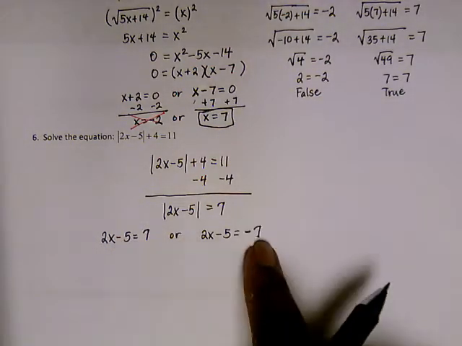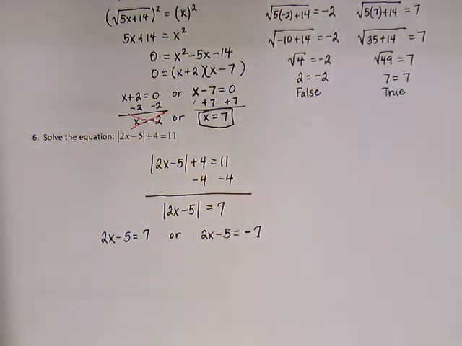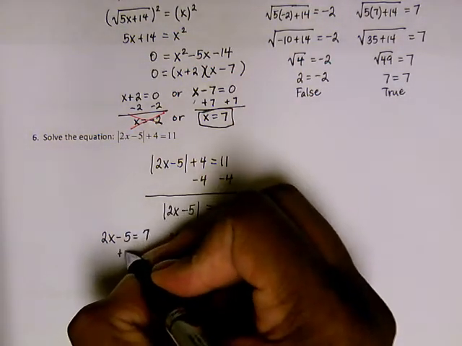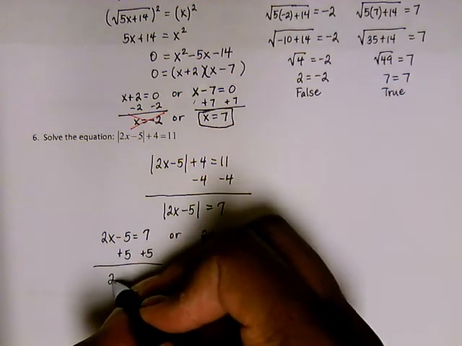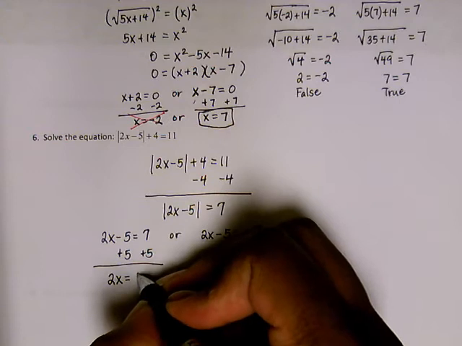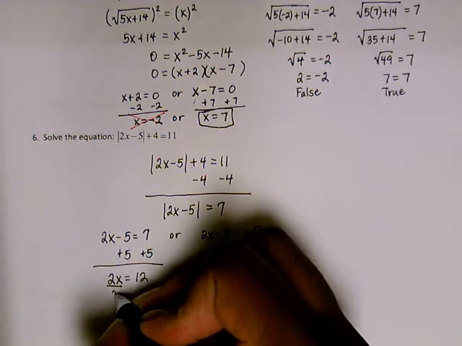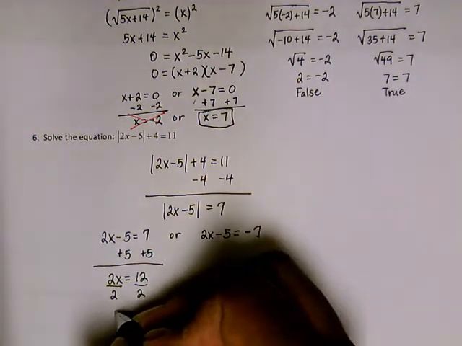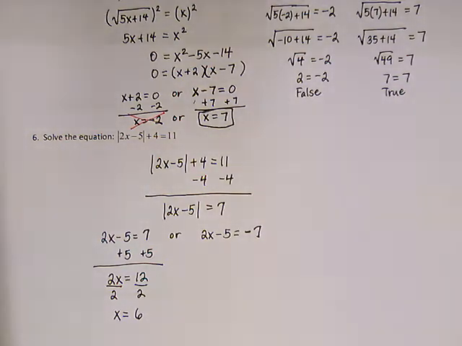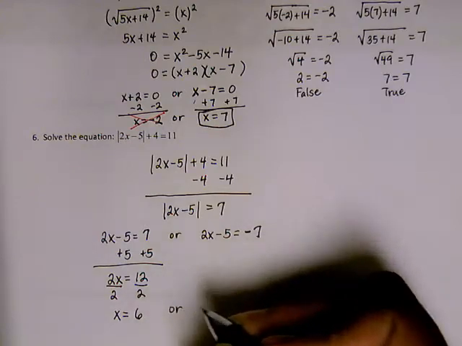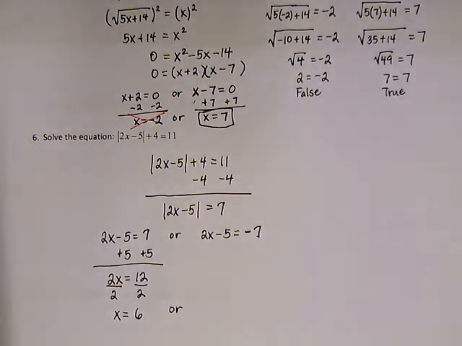So here, each one of these, I'm going to go ahead and solve for x. Starting with 2x minus 5 equaling 7, if I add 5, that means 2x is equal to 12. Divide both sides by 2. You're going to get x is equal to 6. So here x equals 6 is a solution to that absolute value equation.